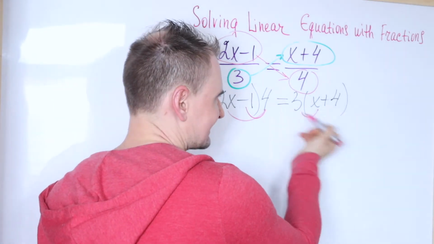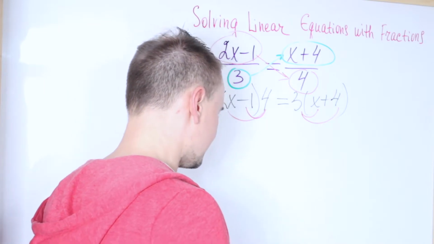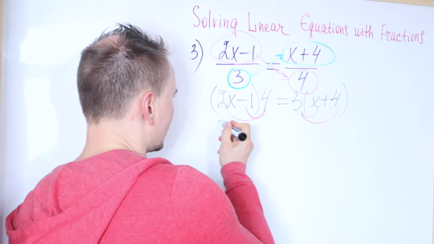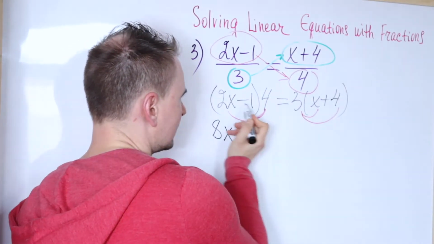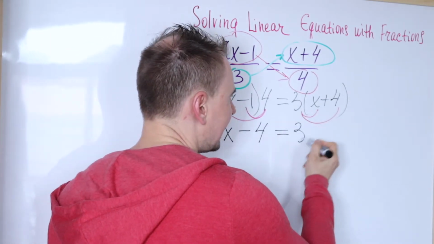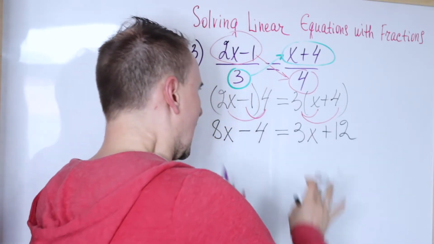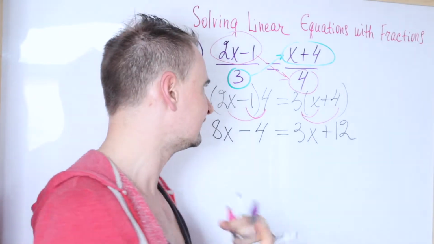So 3 gets multiplied by x, 3 gets multiplied by 4. So in the next line of your work, you would have 2x times 4 gives you 8x minus 4. So keep in mind this, you keep this negative sign, 3x plus 12.